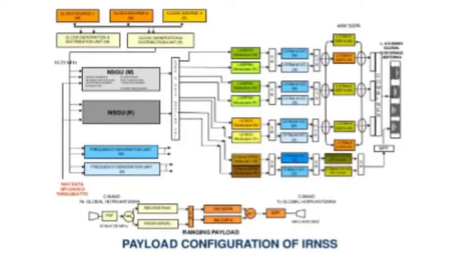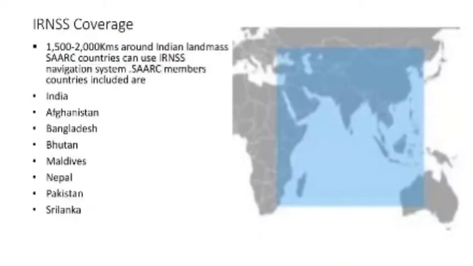Here, the payload configuration of IRNSS is connected to the ground levels of the frequencies in the generator, and the navigation data is uploaded to the satellites covering the area. IRNSS coverage extends 1,500 to 2,000 kilometers around the Indian landmass.